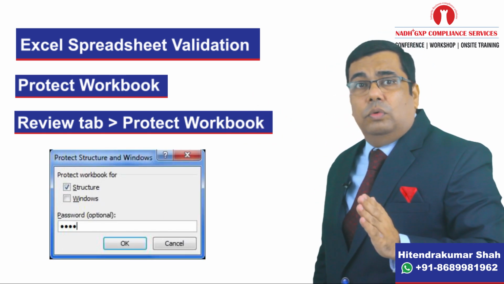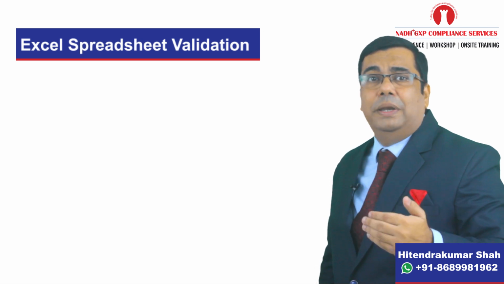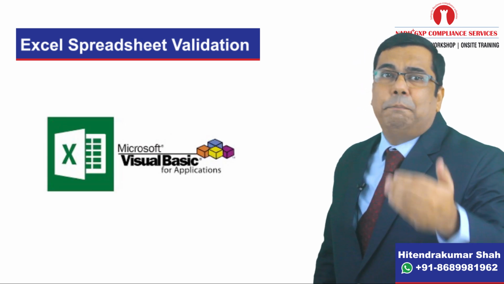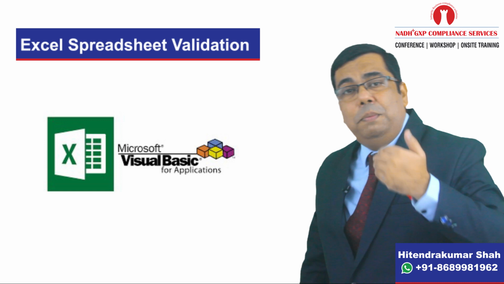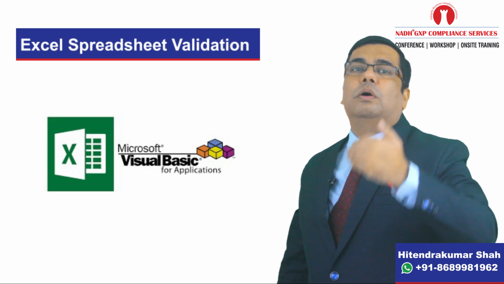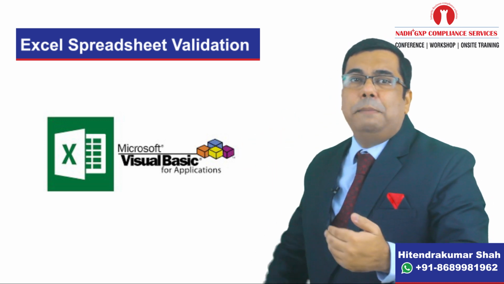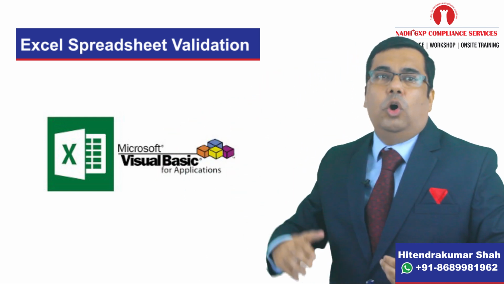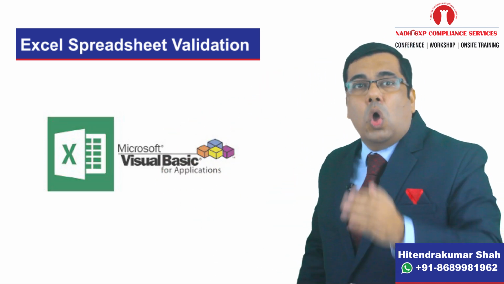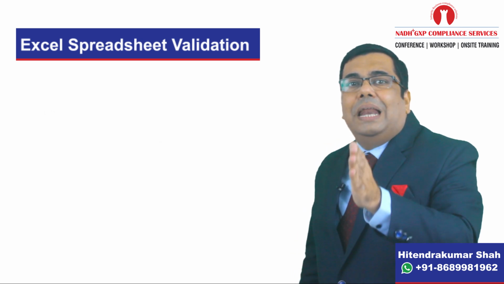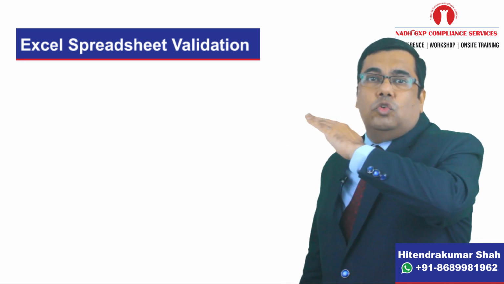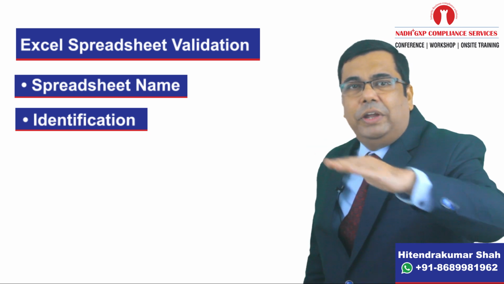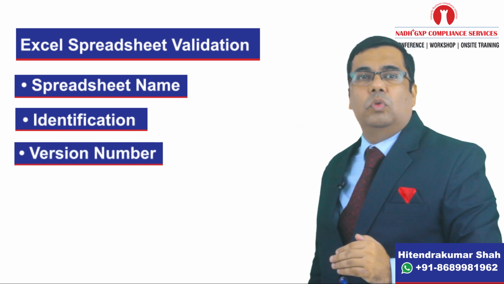And of course, in some cases many companies use VBA macros. When VBA macros are used, the VBA code should also be printed and kept in the Excel validation file. All printouts shall clearly identify the spreadsheet name, identification and the version number.